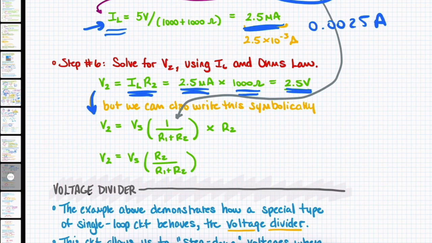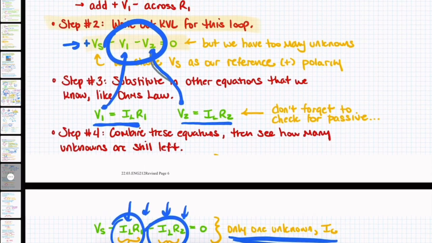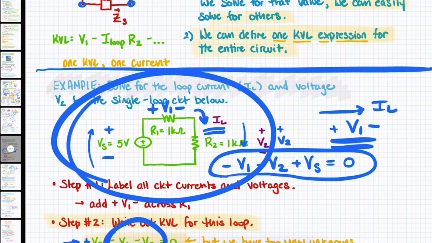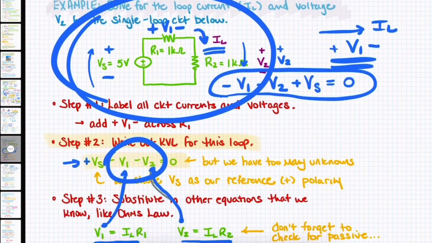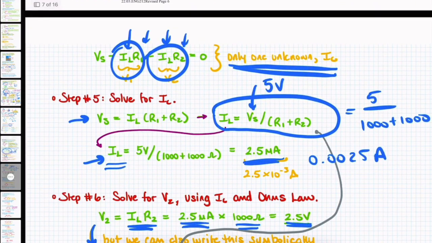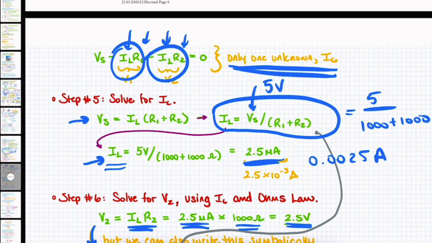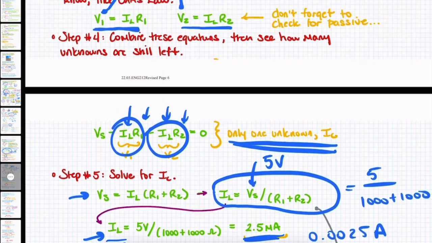Now, why do I have this work down here? Because we can also solve this circuit symbolically, without knowing what the numerical values are. For that, we are going to write out KVL for this entire circuit.